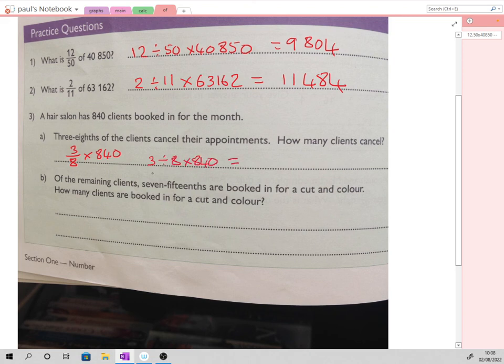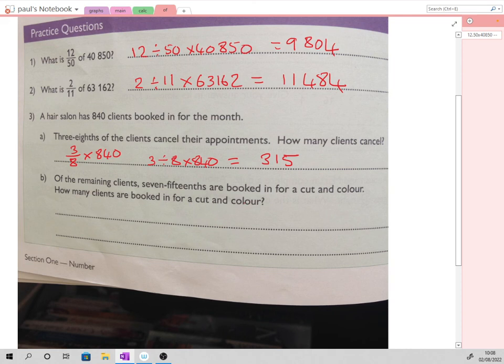And it's handy to write all this down as you go in case you make a mistake, then whoever's marking it can see that you chose the right method, but made a mistake somewhere along the line. And 315 cancelled. Wow.